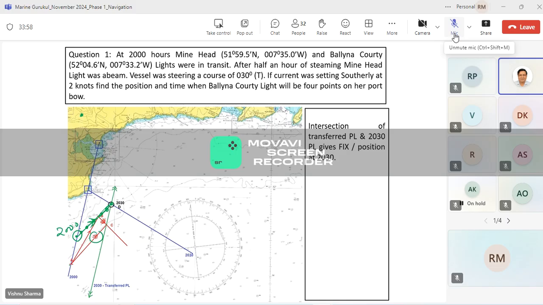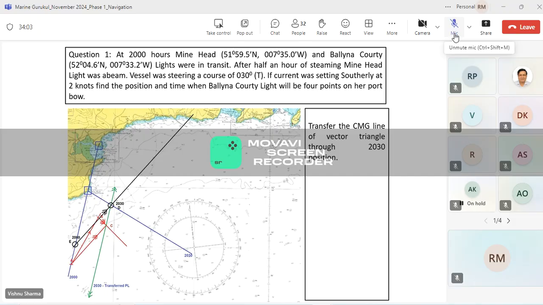So to get the 2000 hour position, we'll transfer the CMG through point D. This black line is the CMG transferred through the fix. And where this cuts the 2000 hour PL, point E becomes the 2000 hour fix. If it is required. If it is not required, it's okay.